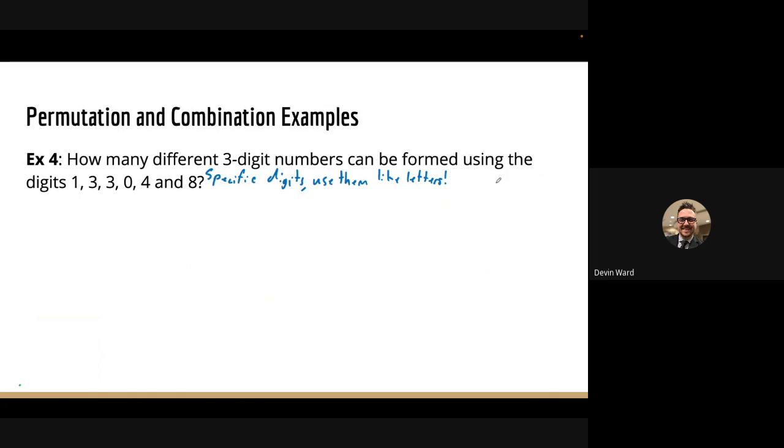So what we're going to do is look, we have 2 3s.